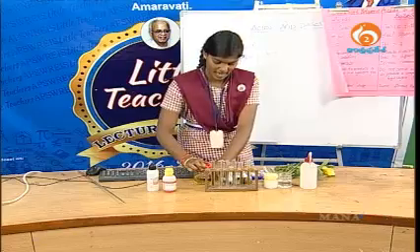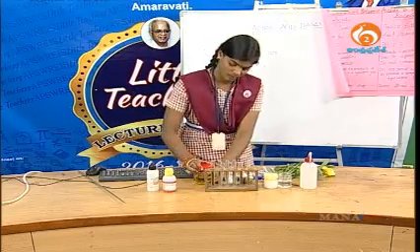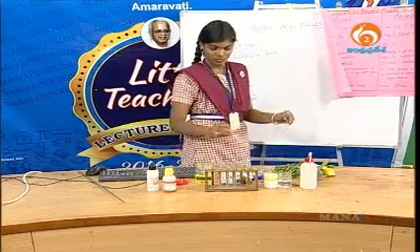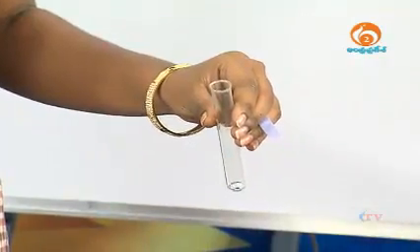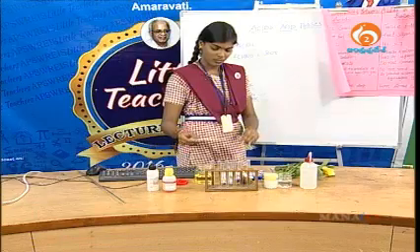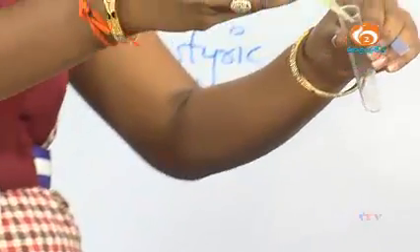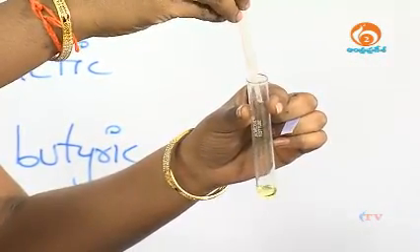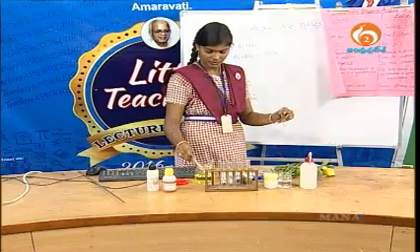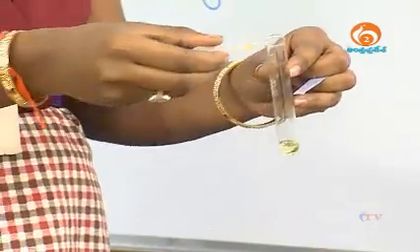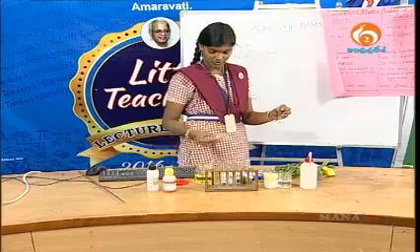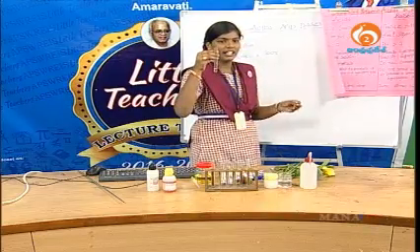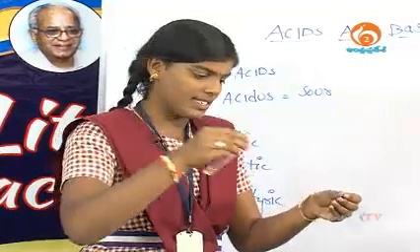We take some amount of acid, and slowly add it on the blue litmus.